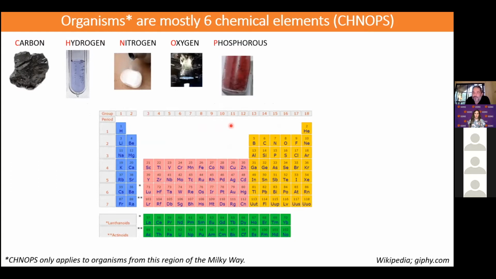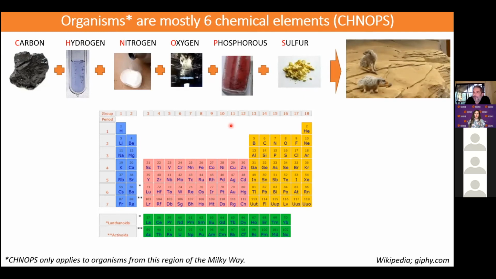There are other ones too, but these are the most important ones for building who we are: carbon, hydrogen, nitrogen, oxygen, phosphorus, and sulfur. CHNOPS is the abbreviation for this. Of all the things that were created when our solar system was born, these are the things that gave rise to life. So you put these together and then you get organisms.